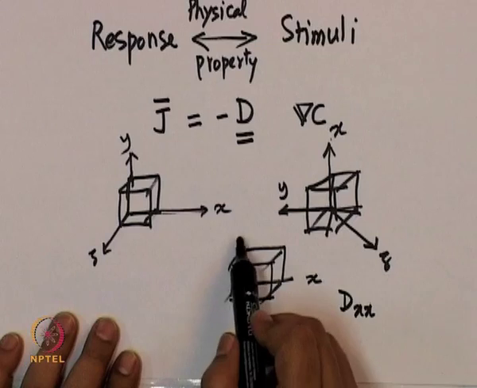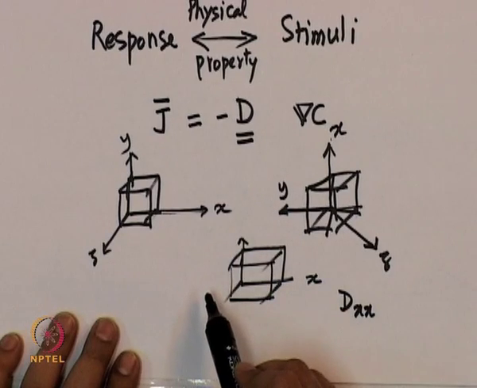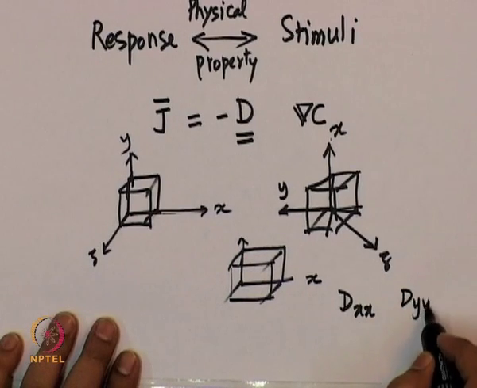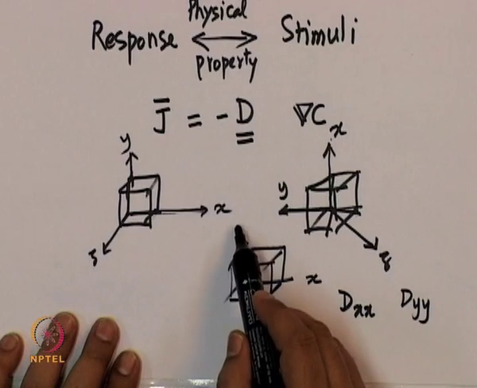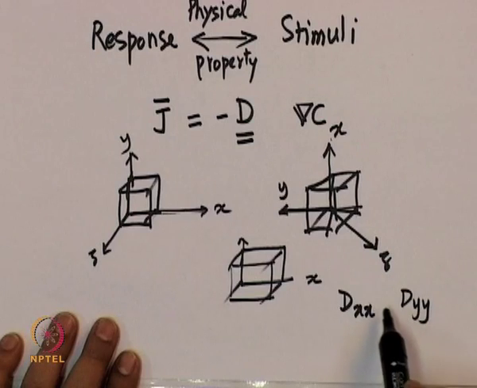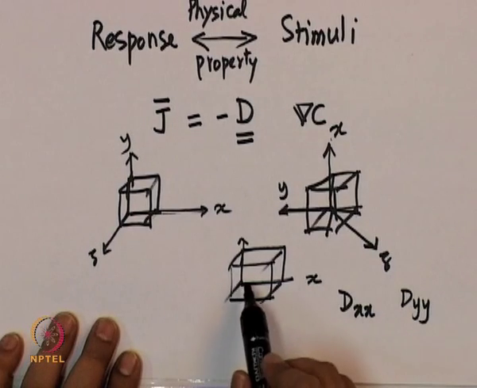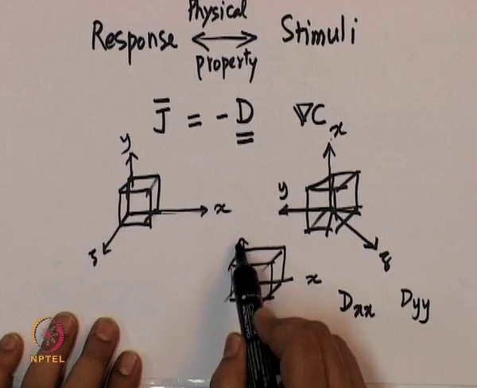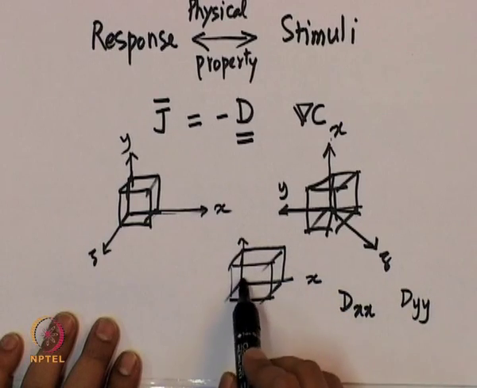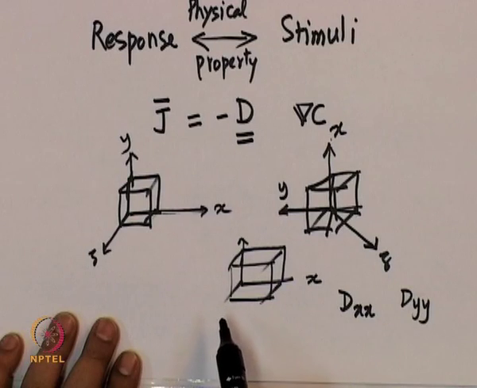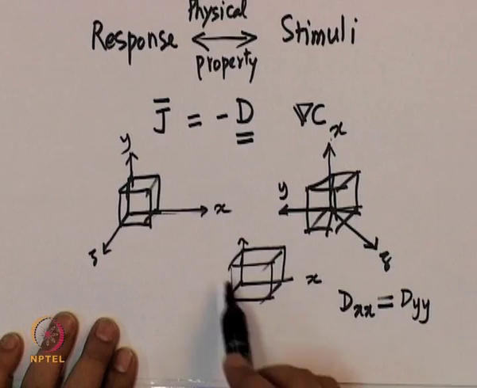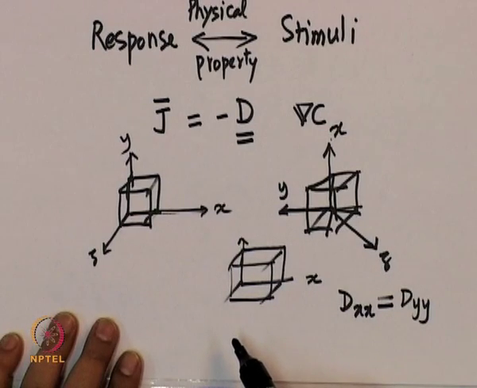But if suppose somebody was calling this as x, in my definition that would have become dyy, but because that person is calling this as x, that would be the same as my dxx, because by symmetry if I had done that operation, I have made this x to go here as x and this y to go here and then the z remains the same, then I should not see any change. So, that means dxx and dyy should be the same if the crystal has cubic symmetry.